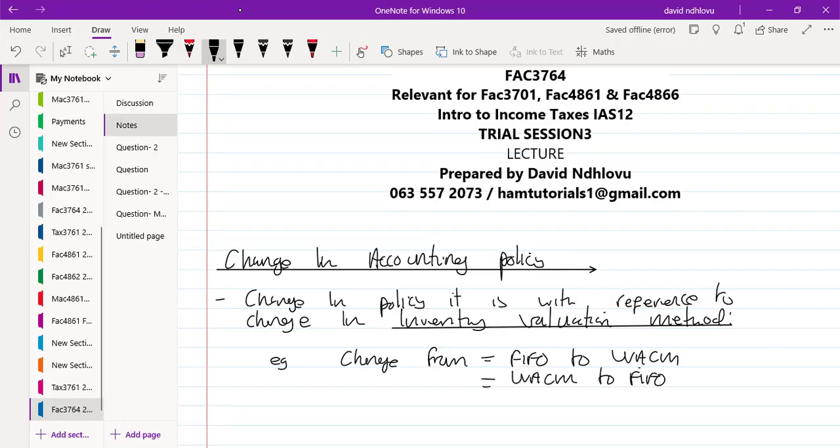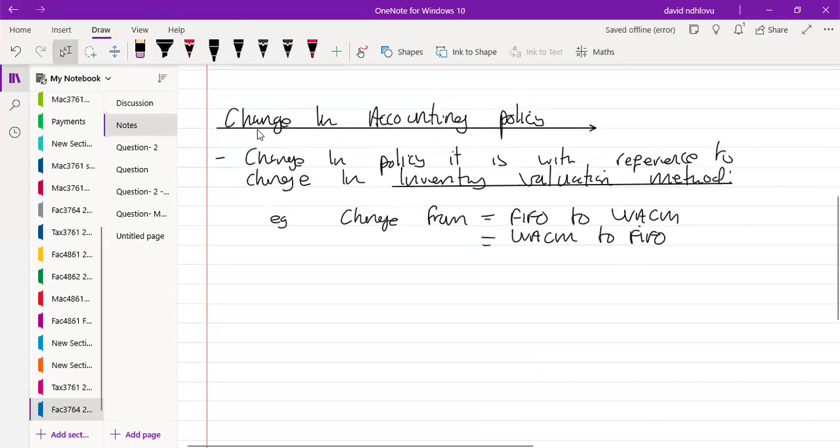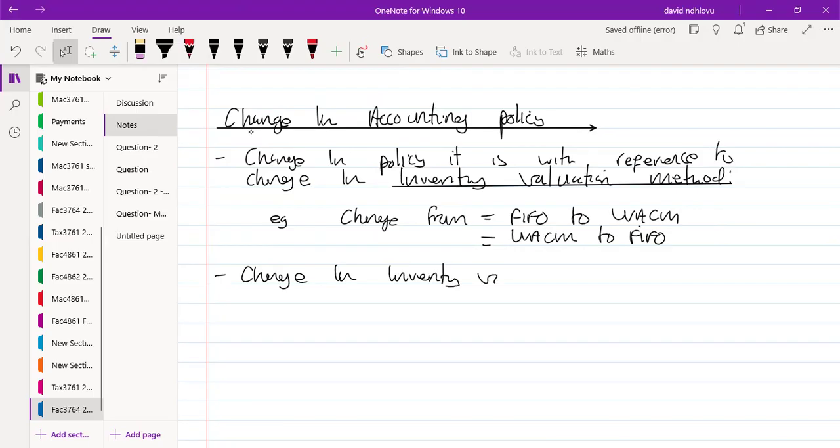These are the two popular methods of inventory valuation that we deal with. Obviously a change in inventory valuation method will result in a change in the value of inventory.